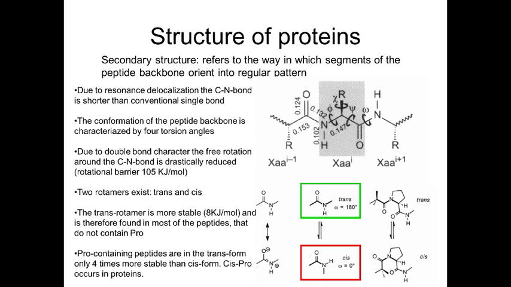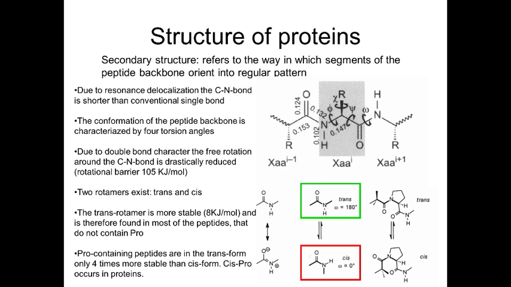First, we want to look at how the three-dimensional structures look of amino acids that are closely related in the sequence. This is called the secondary structure, and the secondary structure refers to the way in which segments of the peptide backbone orient into regular patterns.